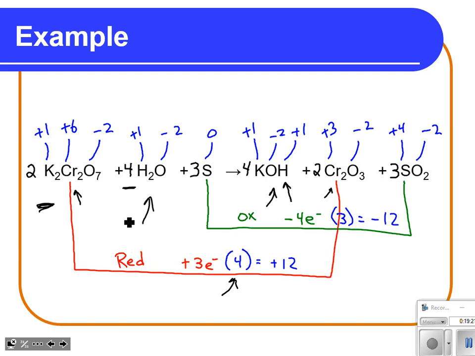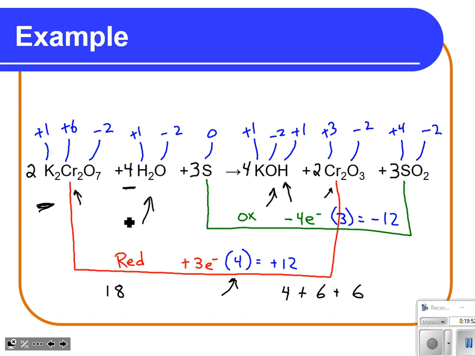So let's look on my reactant side. Oxygen, 7 times 2 is 14. 14 plus 4 is 18 oxygens on that side. I come back over to here. I have 4 oxygens there. I have 3 and 2 is 6. And then 3 and 2 is 6.